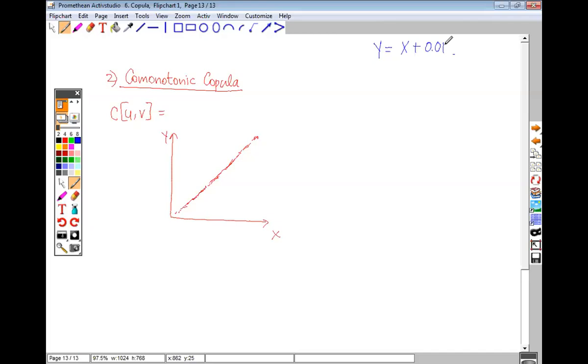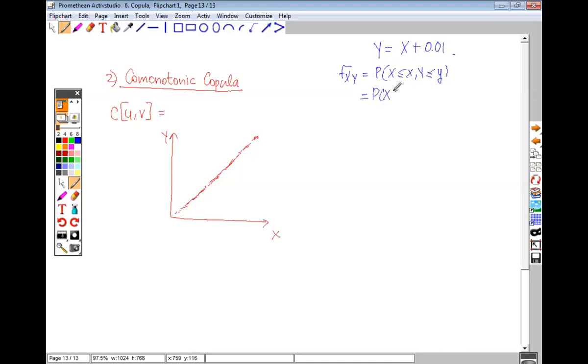Okay, so again, just to have a look at the copula. Remember, whenever I'm looking at the copula, what is it? It is F of x, y. So what I care about is this. Now I can just rewrite this y in terms of this x here.